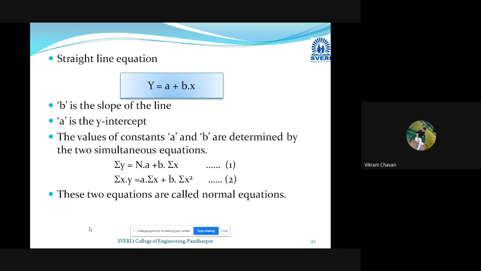For that purpose, we require two extra equations. Equation number one is summation of y is equal to n multiplied by a plus b multiplied by summation of x.